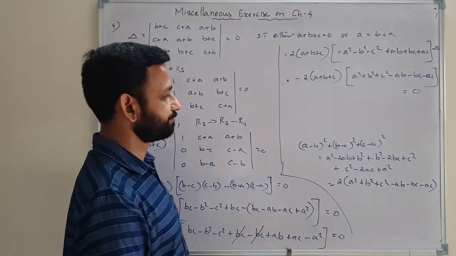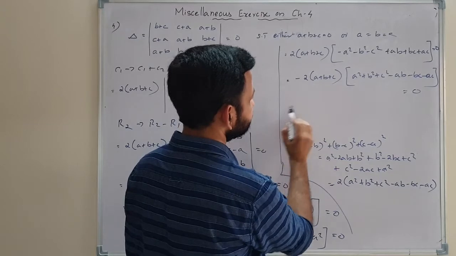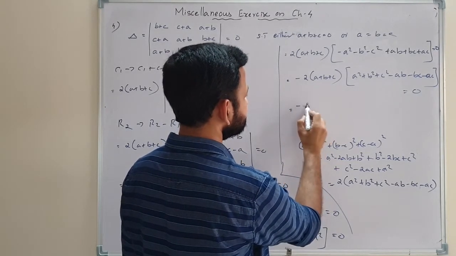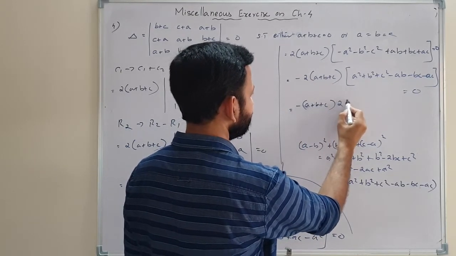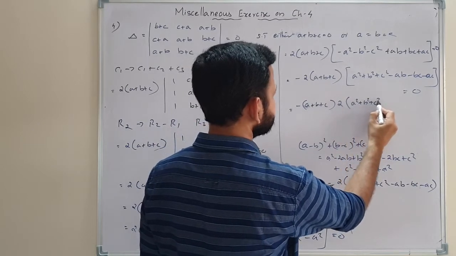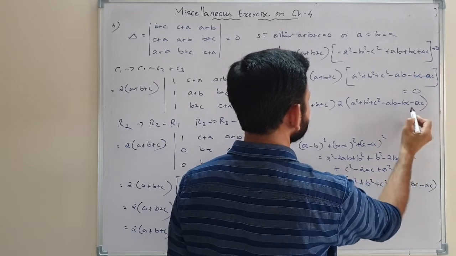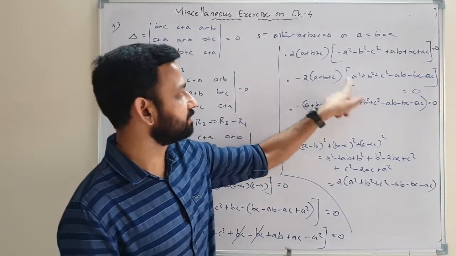So here this is actually minus 2 into (A plus B plus C) into 2 into (A square plus B square plus C square minus AB minus BC minus AC) equal to 0. So here minus sign first term, then 2 here, same.